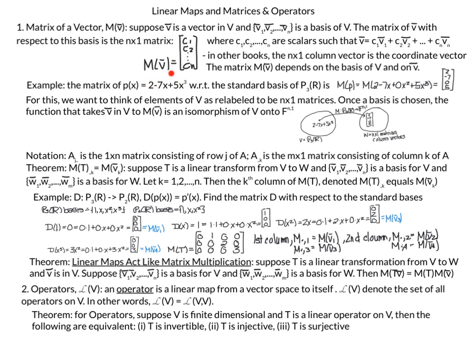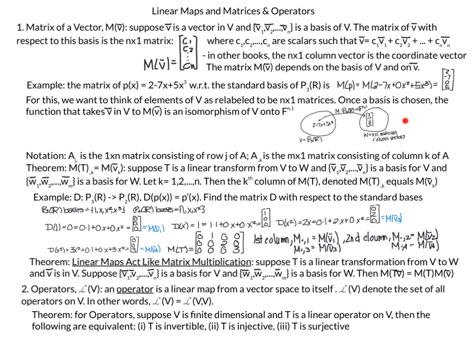Writing this in terms of the basis for P3, we have 2 times 1, -7 times x, 0 times x², and 5 times x³. Now taking the coefficients, or the scalars, 2, -7, 0, and 5, that will then give us our matrix of the vector 2 - 7x + 5x³.